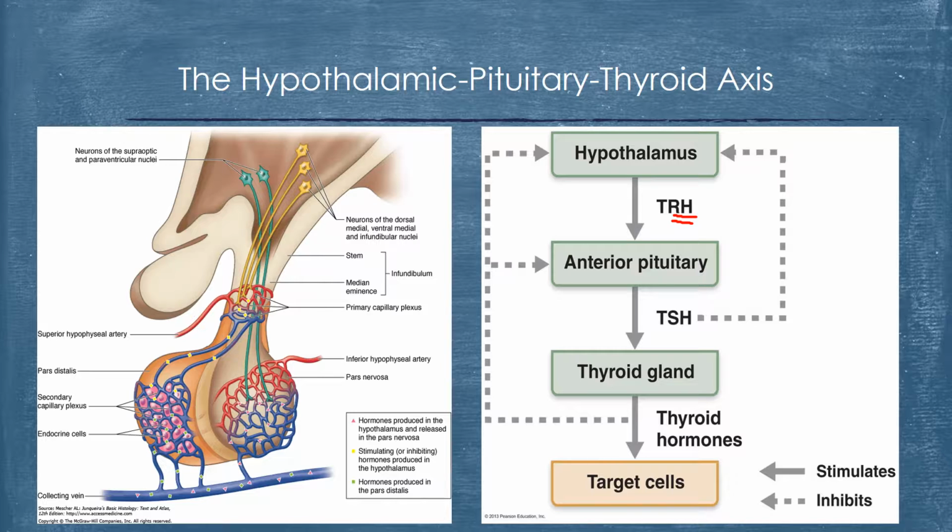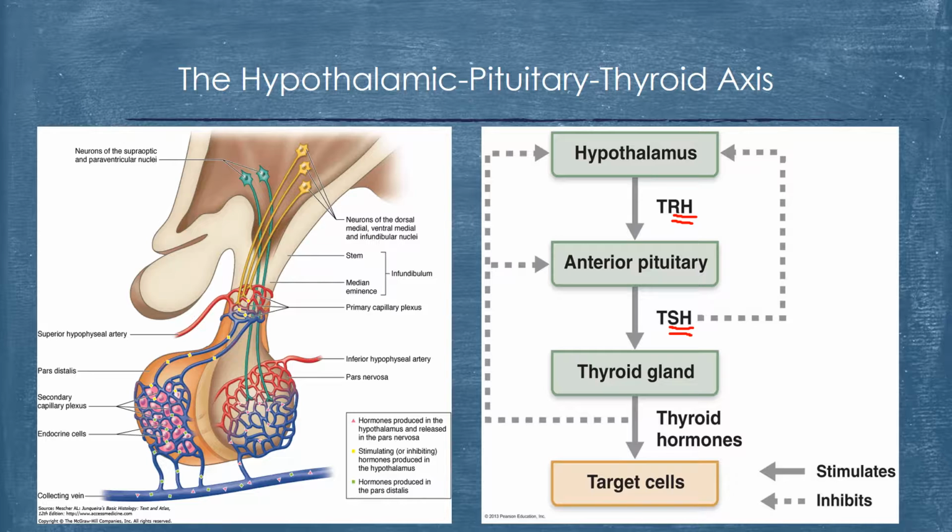It is formed in the arcuate nucleus in the hypothalamus and goes all the way into the anterior pituitary to stimulate the synthesis and release of TSH, which is the thyroid stimulating hormone or thyrotropin. Thyroid stimulating hormone formed by the anterior pituitary will go and stimulate the thyroid gland to secrete the thyroid hormones.